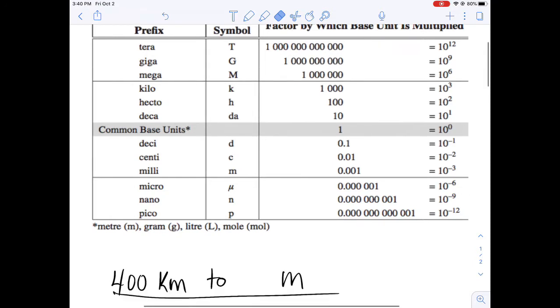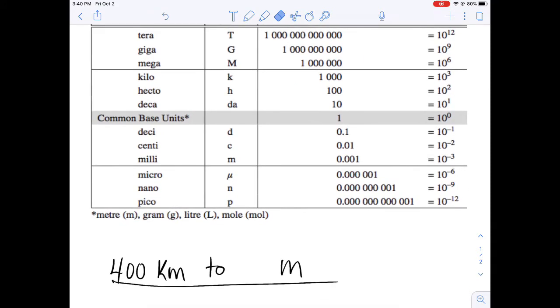The first conversion I'm going to do is kilometers to meters. So I'm going to do 400 kilometers to meters. I'm given kilometers and I want to get to meters. The way this table reads is that 1 kilometer is 1,000 meters.